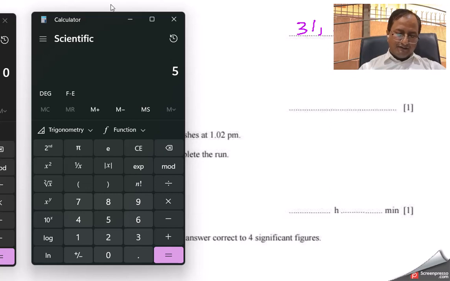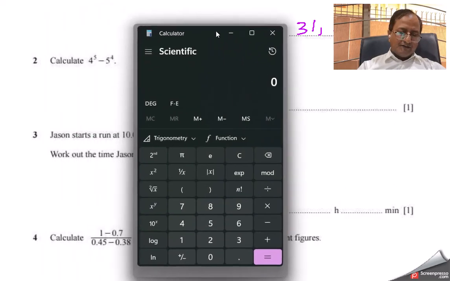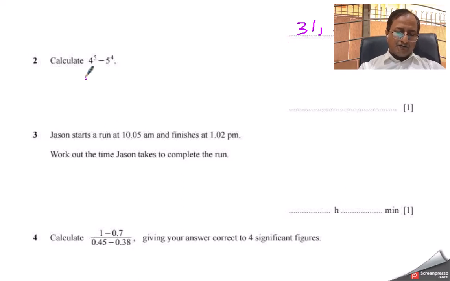Here we have 4 to the power 5 minus 5 to the power 4, and it gives us 399. Let's say, for example, 4 to the power 5 is 1024 minus 625, which gives us 399.